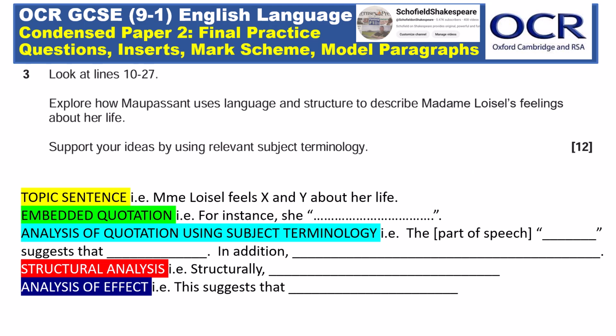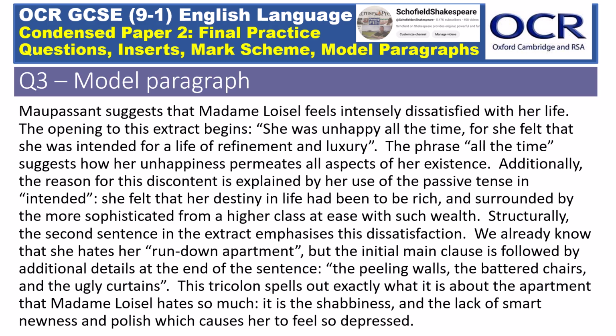The same structure is obviously useful for question 3 of paper 2. Here's my model paragraph. Maupassant suggests that Mademoiselle feels intensely dissatisfied with her life. The opening to this extract begins, "She was unhappy all the time, for she felt that she was intended for a life of refinement and luxury."